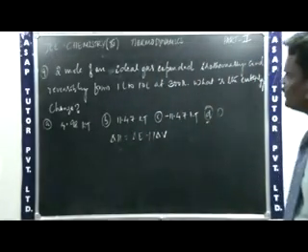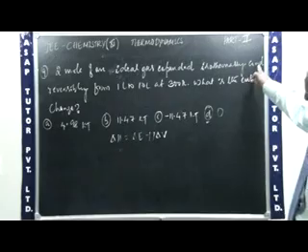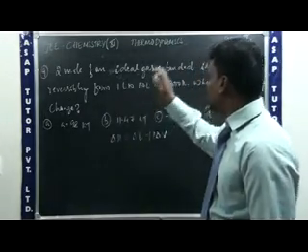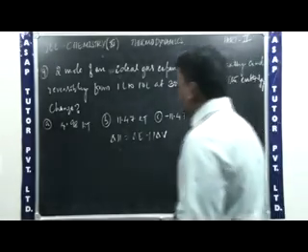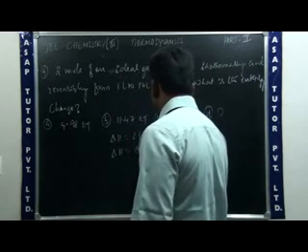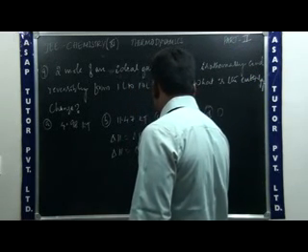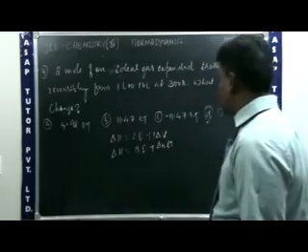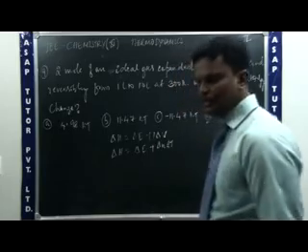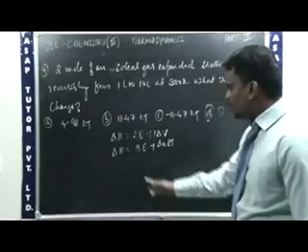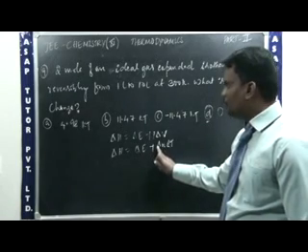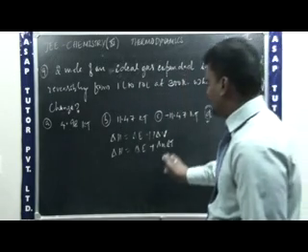So here they are saying 2 mole of an ideal gas expanded isothermally and reversibly from volume 1 liter to 10 liter at 300 Kelvin. So you can write in terms of temperature, delta H is equal to delta E plus delta N R T. It's not delta N, because there is no change in the number of moles, as they are not mentioning any chemical reaction.